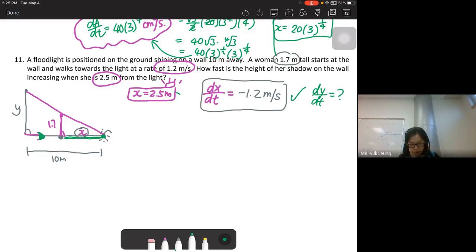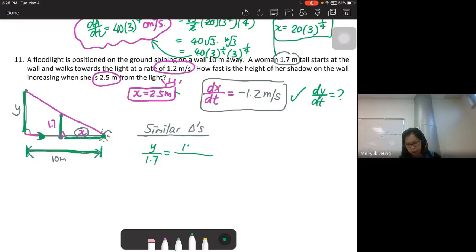Usually when you see a triangle setup like this, think about similar triangles. For any similar triangles, we know that the corresponding sides are proportional. So we set up, based on the big triangle over the small one, y over 1.7 equals the other side of the big triangle, which is 10 meters, over the small one, which is x.